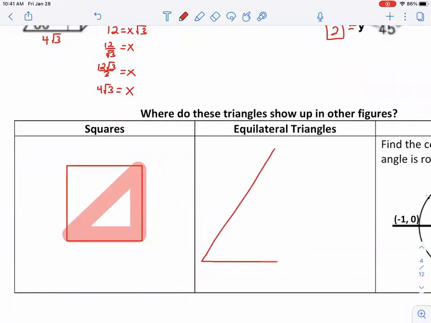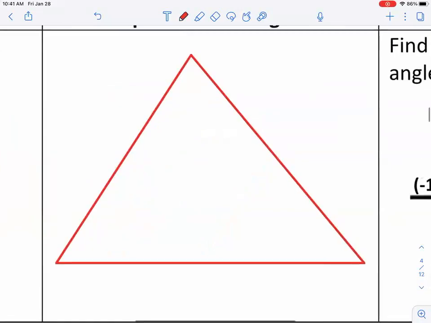If you take an equilateral triangle, now remember, equilateral means all the sides are the same or congruent and all the angles are congruent. That means that all of these angles are 60 degrees.